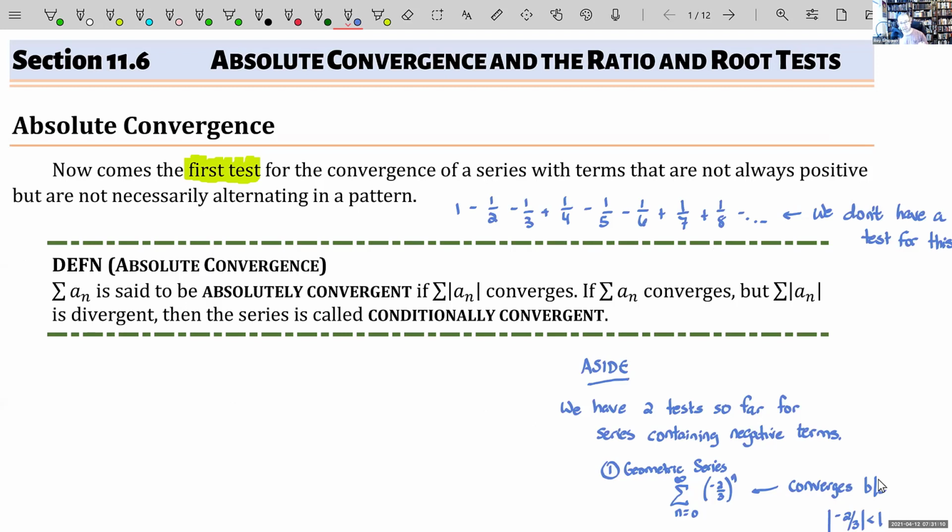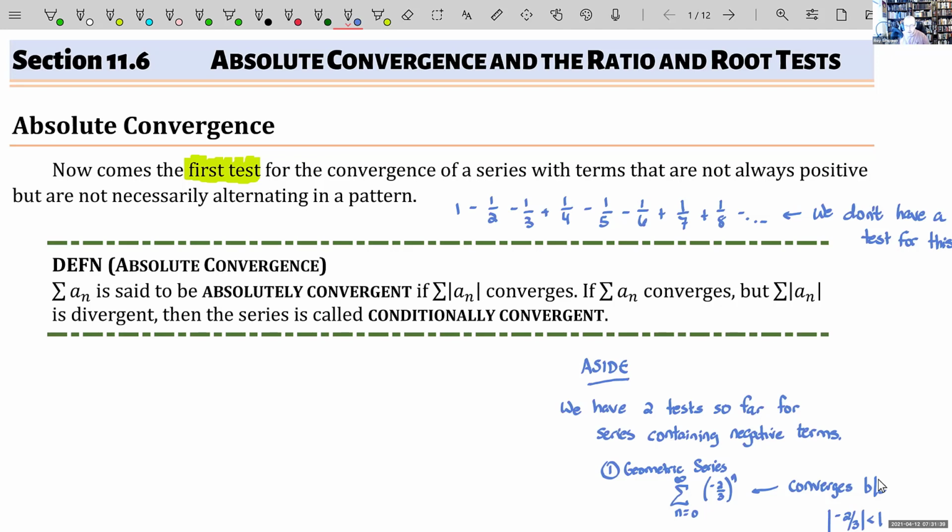Also, the tests we develop today are useful for any series, whether it pops back and forth between positive and negative, or all the terms are positive, or all the terms are negative. There are two tests, and they're very powerful tests.